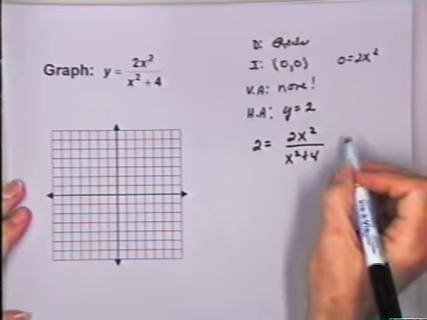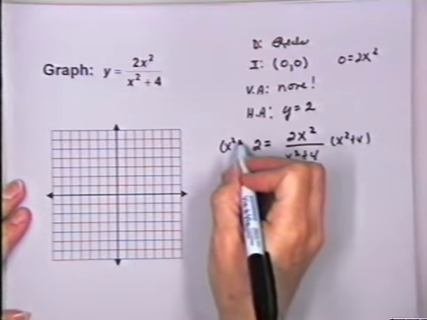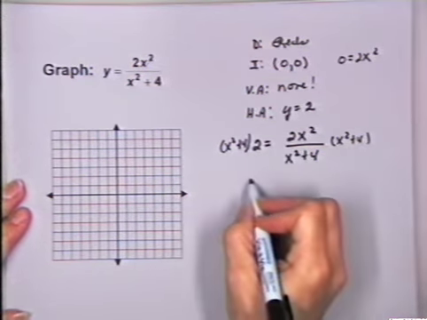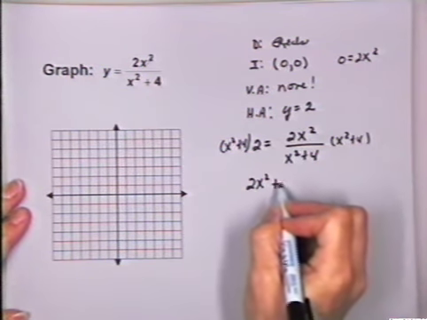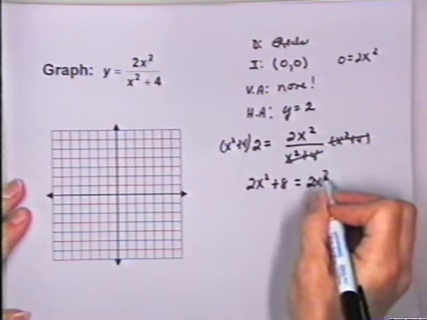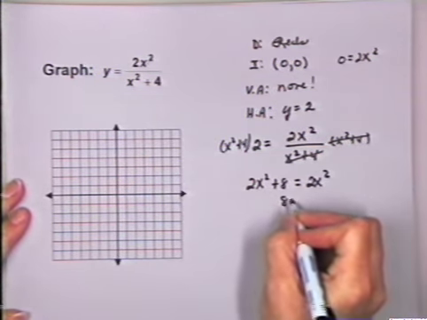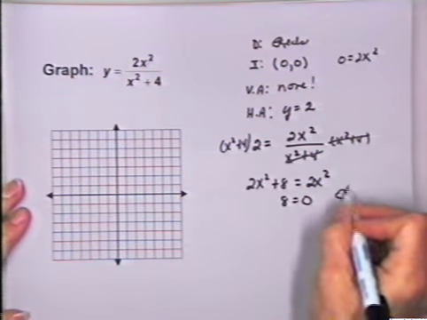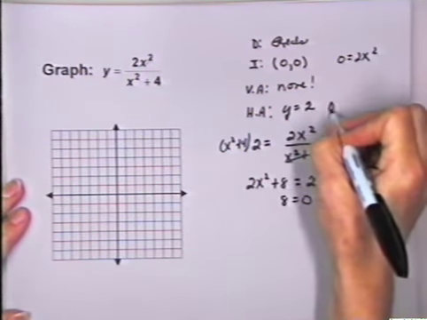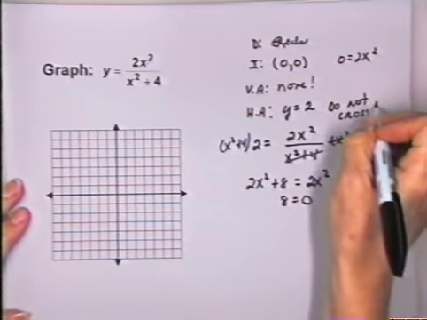I'm going to multiply both sides by x squared plus 4. So I have 2x squared plus 8, these cancel, equals 2x squared. If I subtract 2x squared, I get 8 equals 0. There's no solution, so I do not cross this horizontal asymptote. Do not cross.